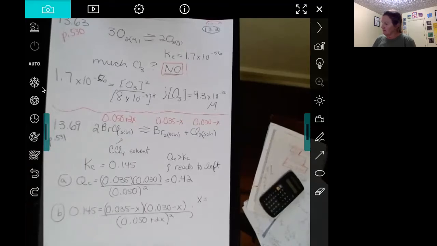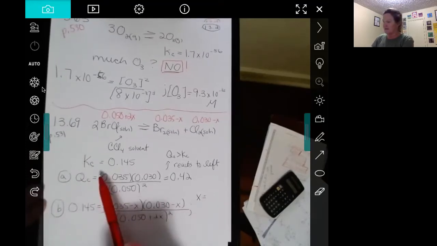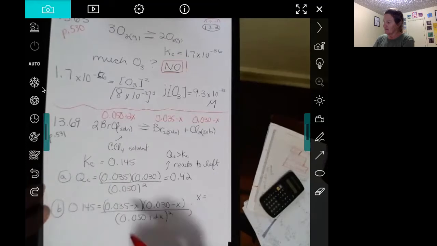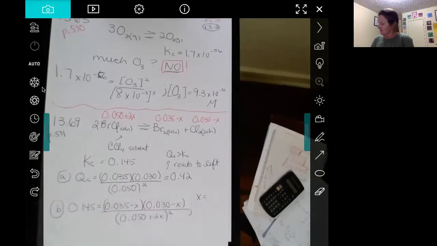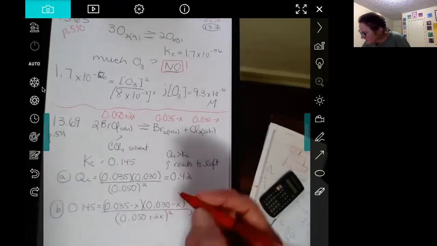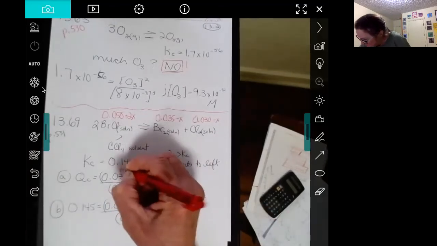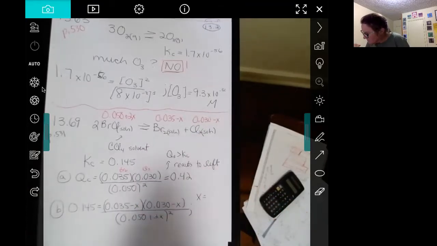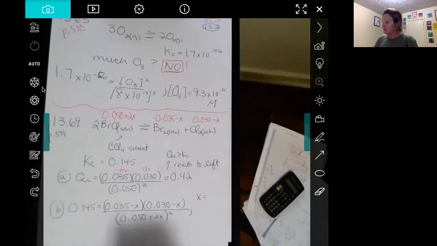And this one asks us first, which way will the reaction go if we mix some stuff up? So our Kc is given to be 0.145, and they tell us that we mix 0.035, that is the bromine, the 0.030 is the chlorine, and then the reactant is a concentration of 0.050.